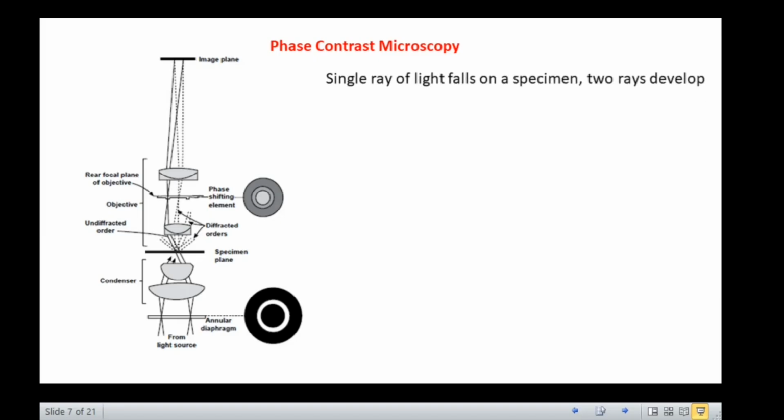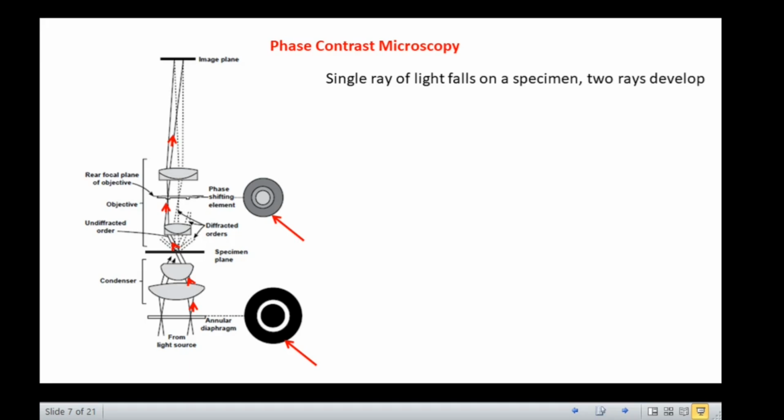One of these is the direct or undiffracted light ray from the annular diaphragm. This ray passes through the specimen and is then focused on the phase shifting plate. The phase shifting plate will either delay or advance this ray.